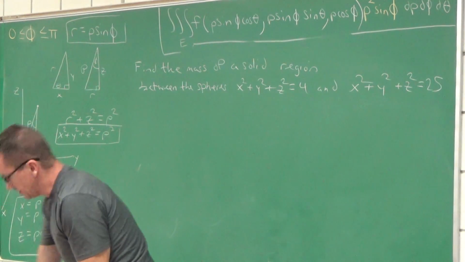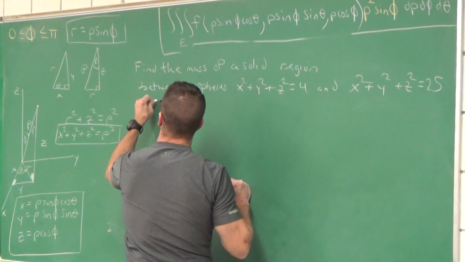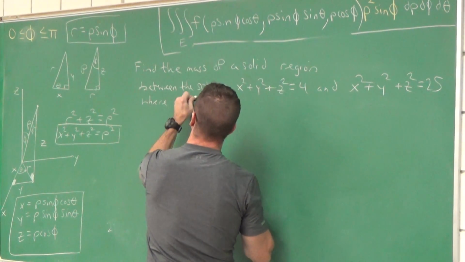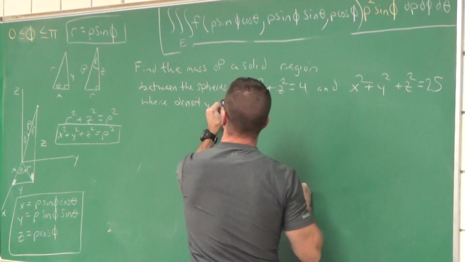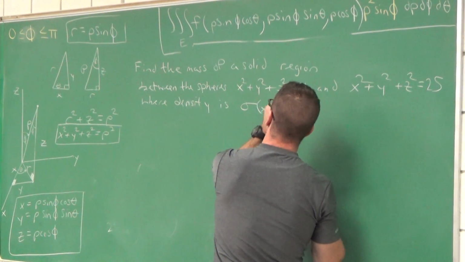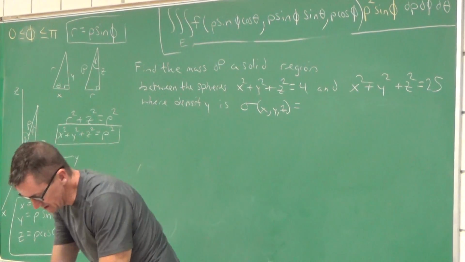And what's the density? They use the Greek letter sigma there. Sigma equals xz, this is the density.